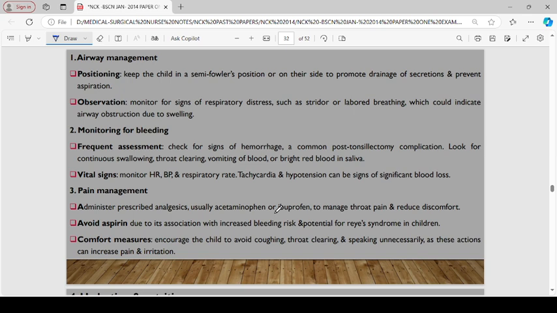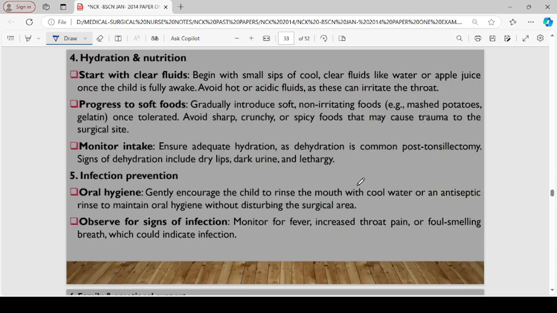You administer prescribed analgesics, usually acetaminophen or ibuprofen, to manage throat pain and reduce discomfort. You avoid aspirin due to its association with increased bleeding risk and potential for Reye's syndrome in children. You encourage the child to avoid coughing, throat clearing, and speaking unnecessarily, as these actions can increase pain and irritation.